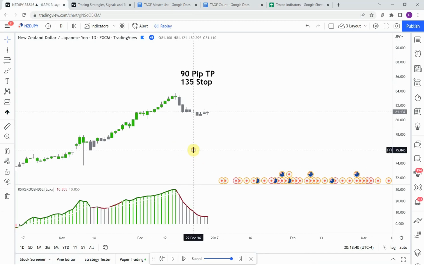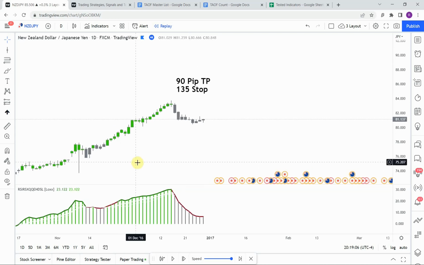Okay, so today's indicator is the RSI RSX QQE indicator. There's quite a bit going on with this indicator, and not really visually. It's a quite sophisticated indicator with a few different moving parts going on behind the scenes to give us a rather easy visual trading indicator.